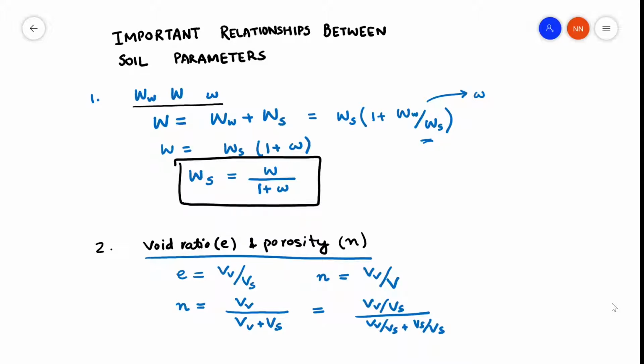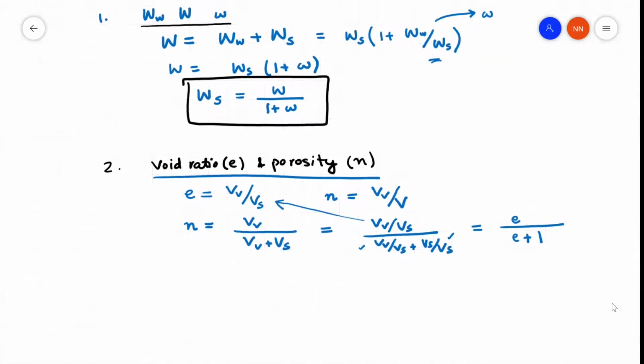Now VV over VS, we know that this thing is equal to E. So this thing is also equal to E, and this thing is equal to 1. So this becomes E over E plus 1. So N equals E over 1 plus E, which is an important relation to remember.